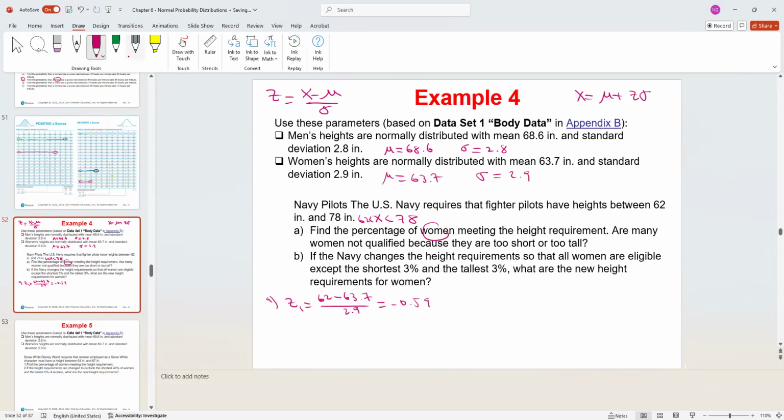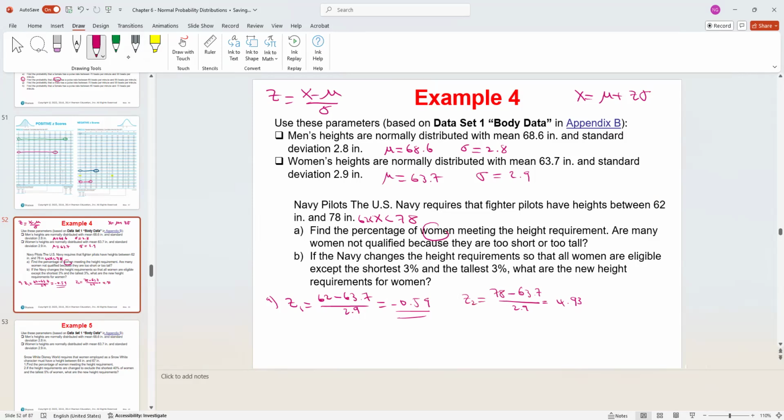Let's do the second Z. We have Z2 equal 78 minus 63.7, because we do only for female in this case. Doing this on your calculator, it gives you 4.93. Oh, that's amazing.